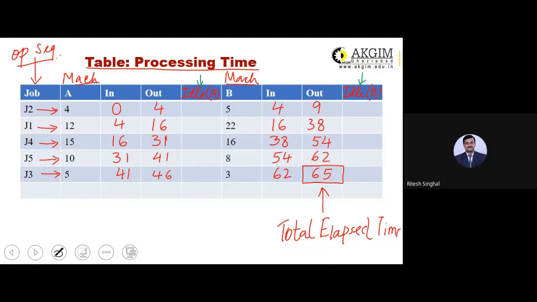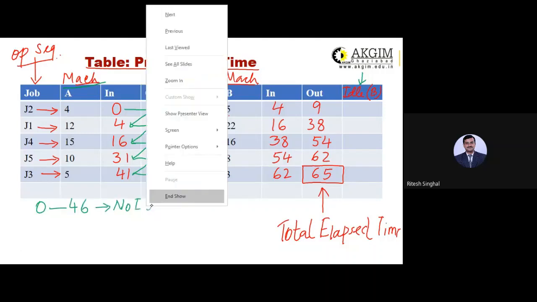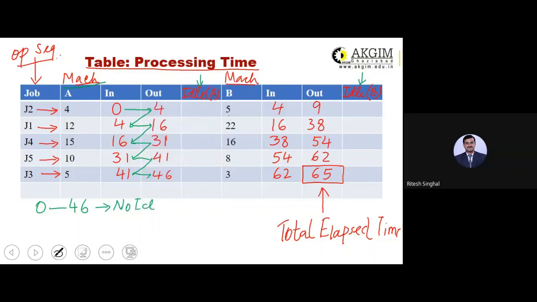So see, on machine A, you start at 0, then 4, 16, 31, 41, 46. From 0 to 46, there is no idle time.